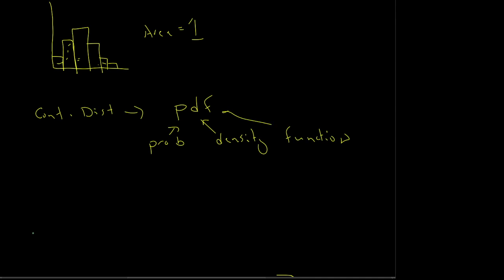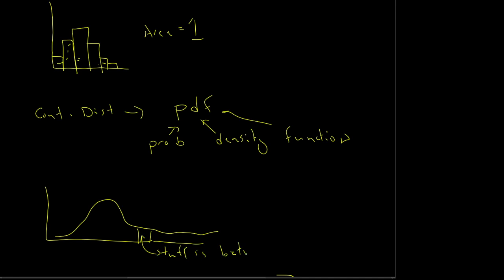Because what we look for in a probability density function as it's graphed is how dense it is, how much stuff is between two x values.